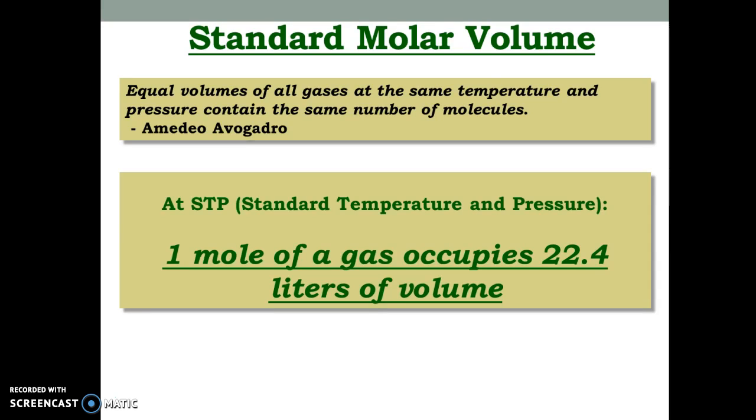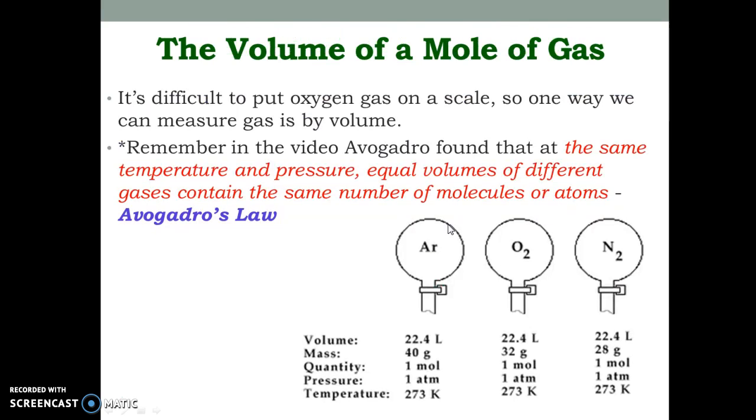If you have that temperature and that pressure, and you have 1 mole of any gas, whether it's a heavy gas or a light gas, it's going to occupy a volume of 22.4 liters. So if you have any gas in a balloon, a flexible container, at 1 atmosphere and 273 kelvins, it's always going to occupy that same volume of 22.4 liters.